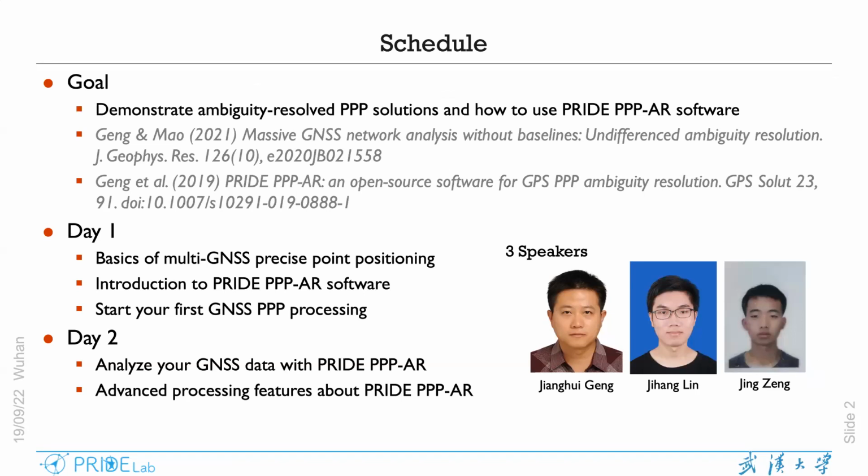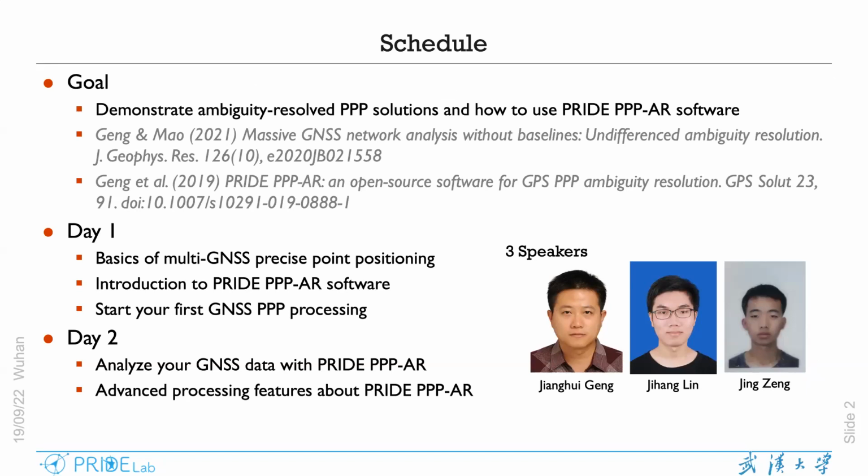For the first day, we will have three talks. The first one is by myself, on the basics of multi-GNSS and precise point positioning, PPP for short, using multi-GNSS data.